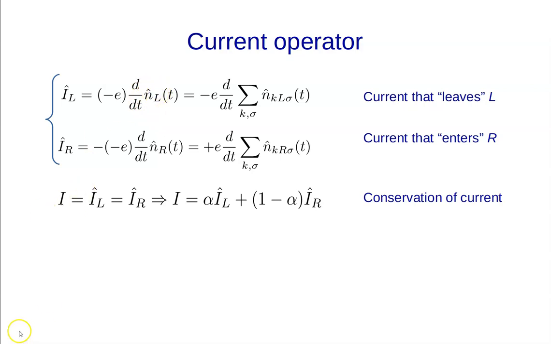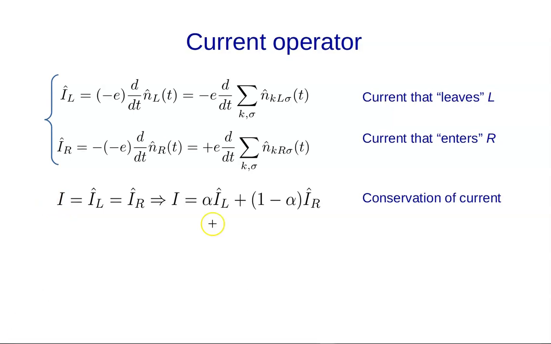So let me try to write this here. What I mean is this: N_L of t plus N_R of t is the total number, and this should not depend on time. So the total derivative of this should be 0.